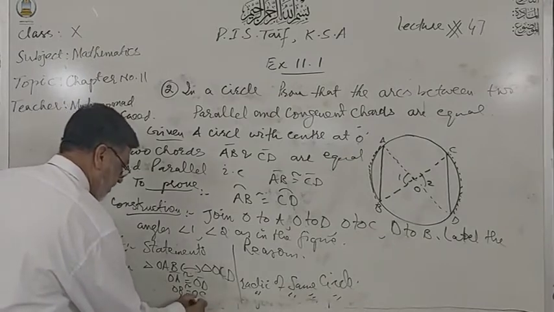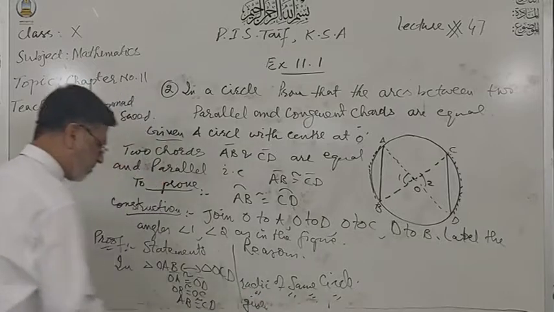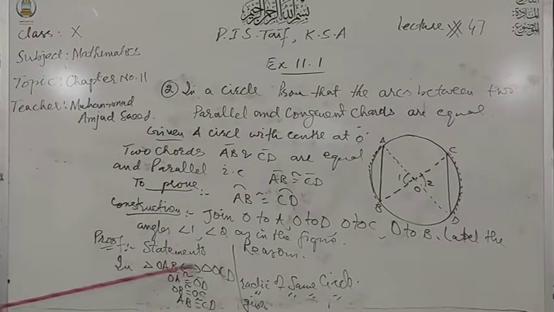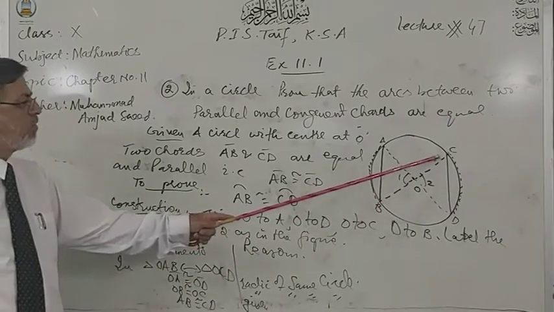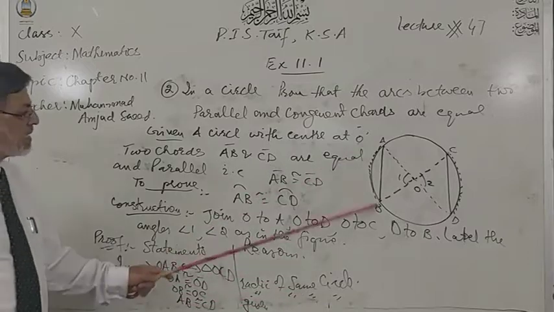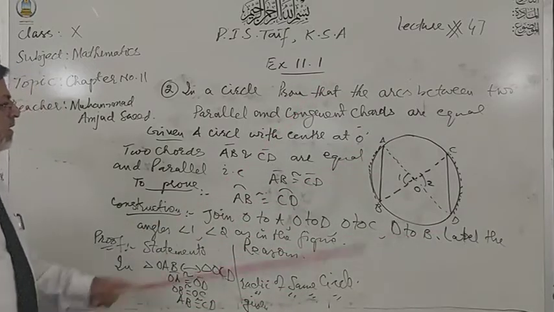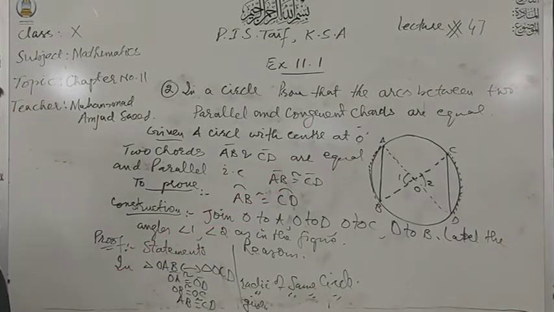AB is congruent to CD. This is given. Dear students, OA is congruent to OD, radii of same circle, OB congruent to OC, radii of same circle, and AB is congruent to CD. These two chords are congruent, this is given.